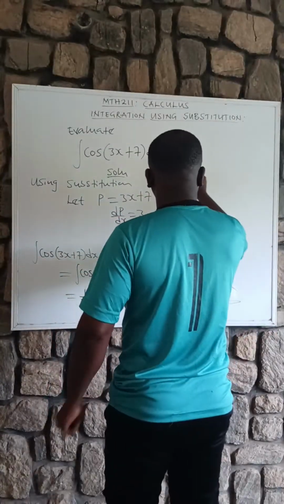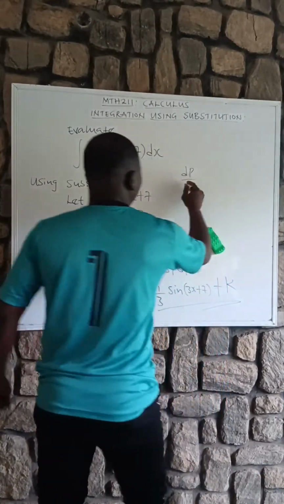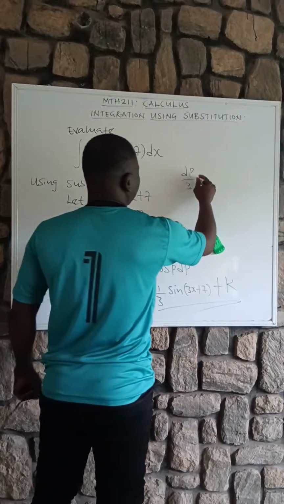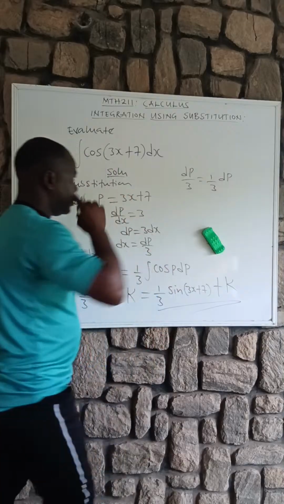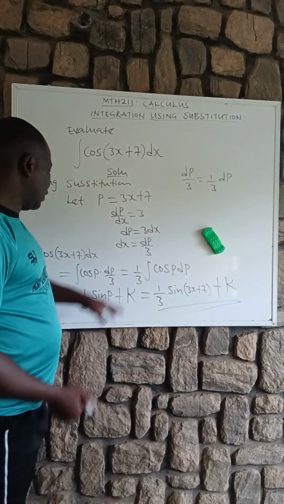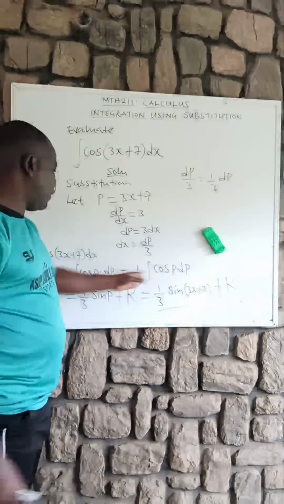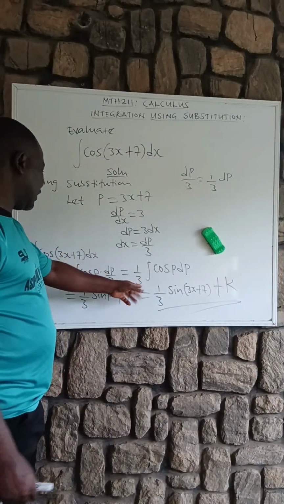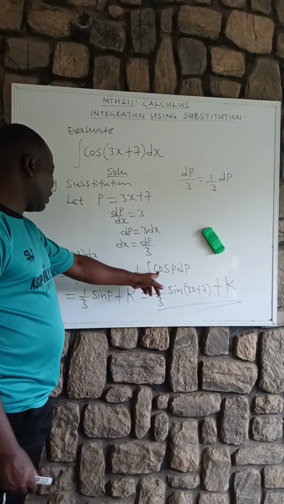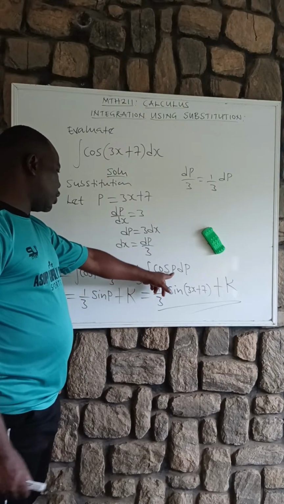When you have something of this form, do you know that this is the same thing as 1 over 3 times dp, true or false? Yeah. So this 1 over 3 is a constant. We can factor it out of the integral, outside the integral. That is why you are saying 1 over 3 integral of cos p dp.